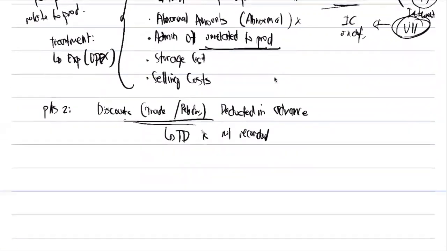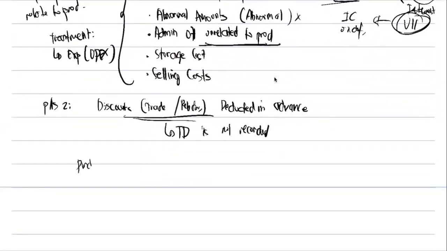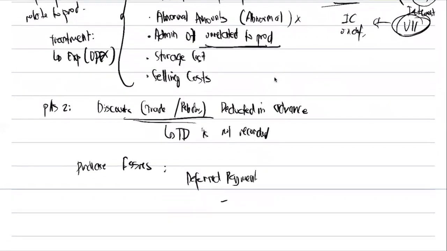So there are certain purchase issues that we need to learn in your initial measurement. First, if it is a deferred payment, take note guys, it should be net of interest costs.